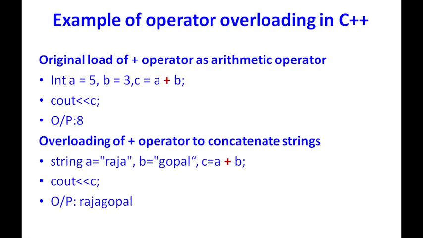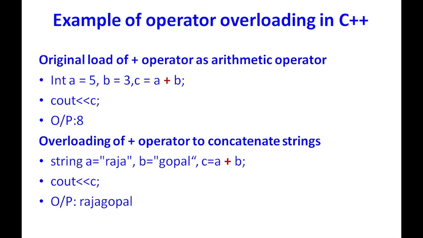Even though we are going to learn about how to overload operators, we already have an example of operator overloading in C++. For example, when we use the operator plus with integer operands like a plus b, it will perform the arithmetic operation. The value of a and the value of b will be added, and the result will be assigned to the variable on the left side.